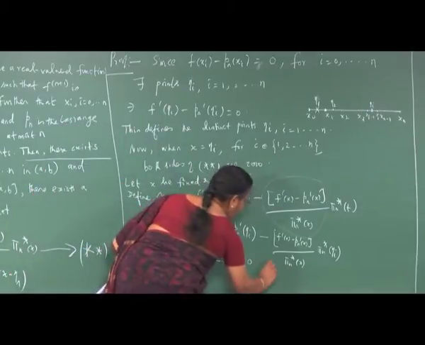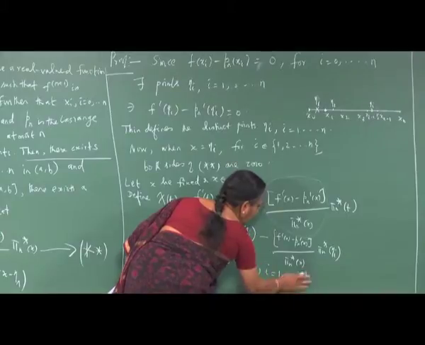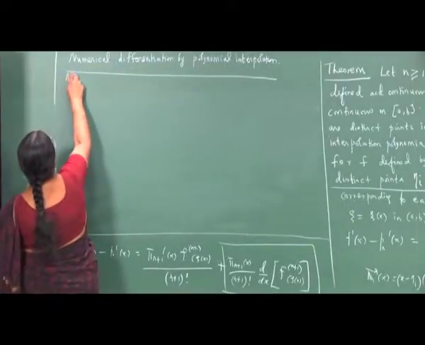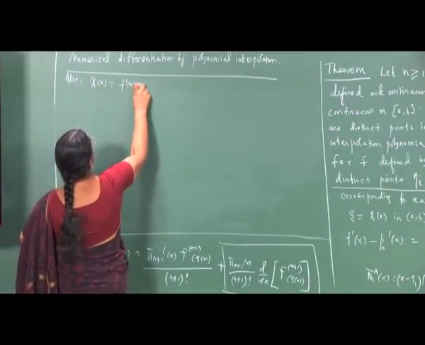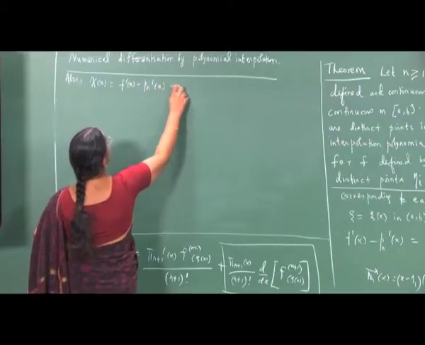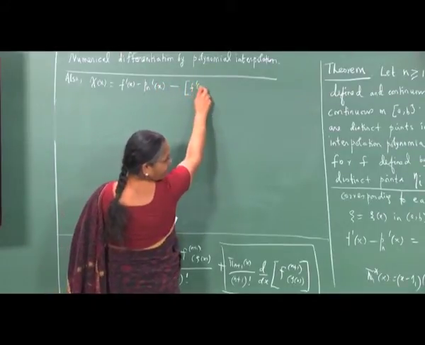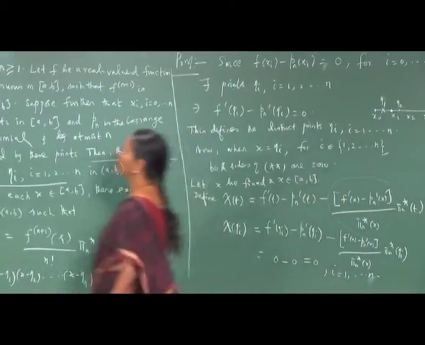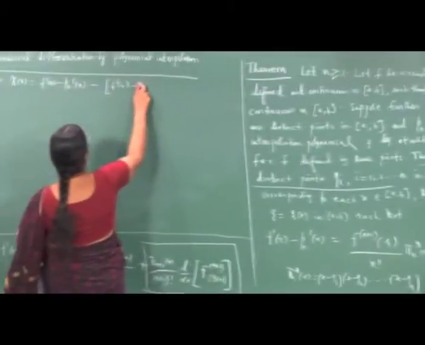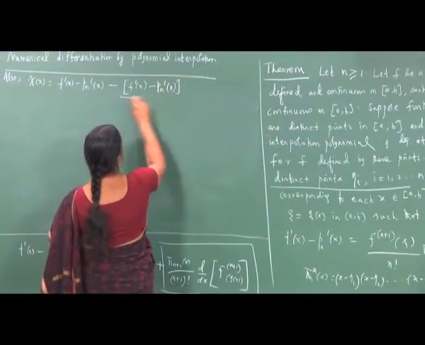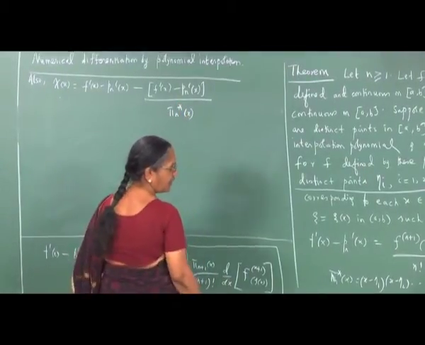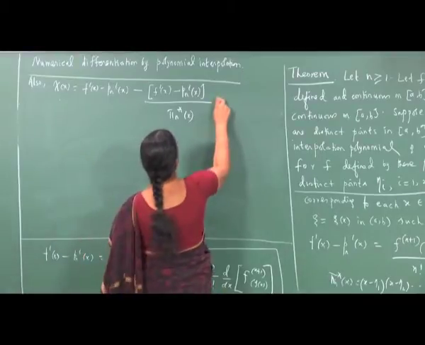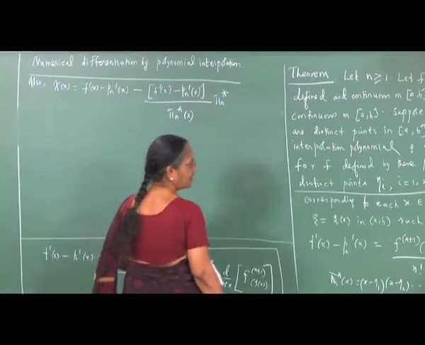For what values of i? i is equal to 1, 2, 3 up to n. So, let us find out what is chi at x. It is f dashed of x minus Pn dashed of x minus f dashed of x minus Pn dashed of x by pi n star of x into pi n star at x.